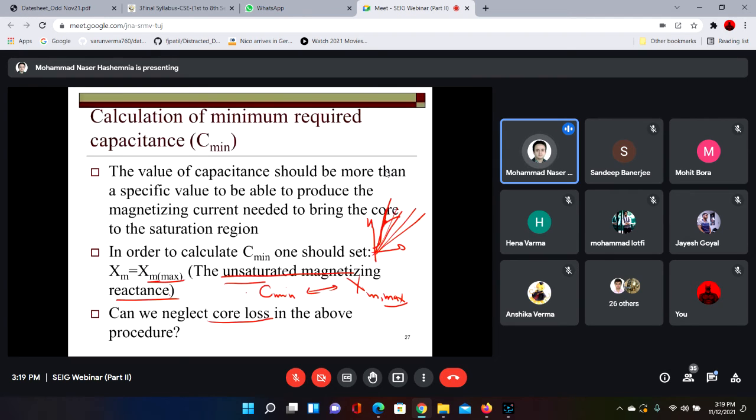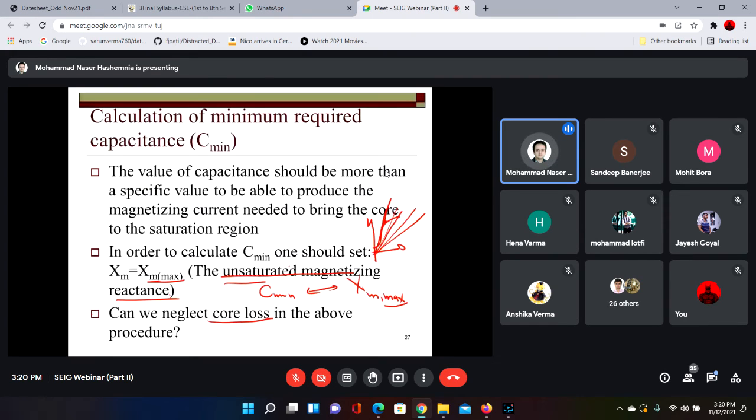So you don't include resistance Rc divided by A in that equivalent circuit. But if you know the capacitance and you want to obtain the performance of the machine, then you can include core loss that will yield more accurate results. But in this stage, when you want to calculate the capacitance requirements, it is not common to include the core loss resistance.